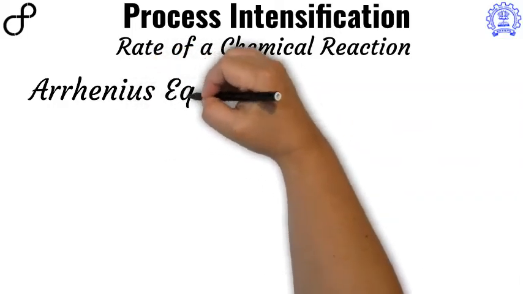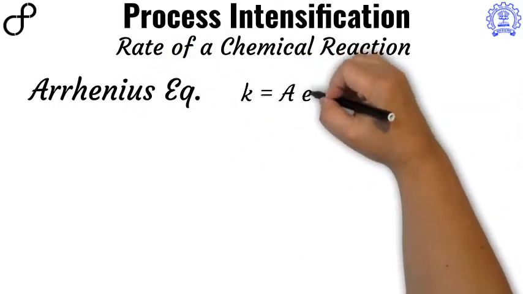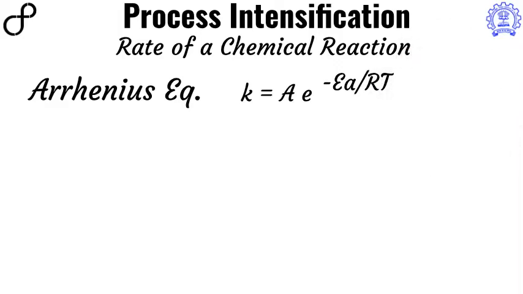As we all know, rate of a reaction is represented by Arrhenius equation, as shown here. Using this equation, one can infer that rate of the reaction, which is nothing but the number of molecules reacting per unit time, can be correlated to two parameters.